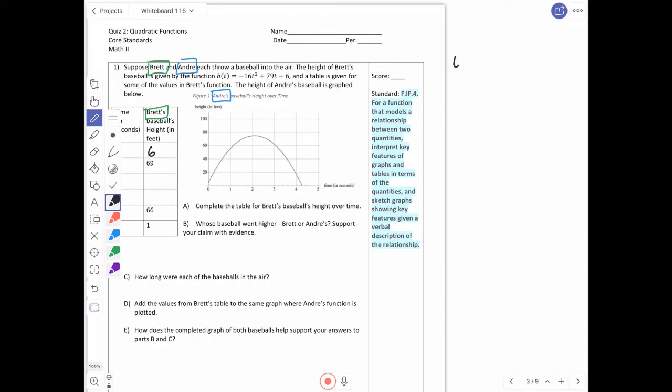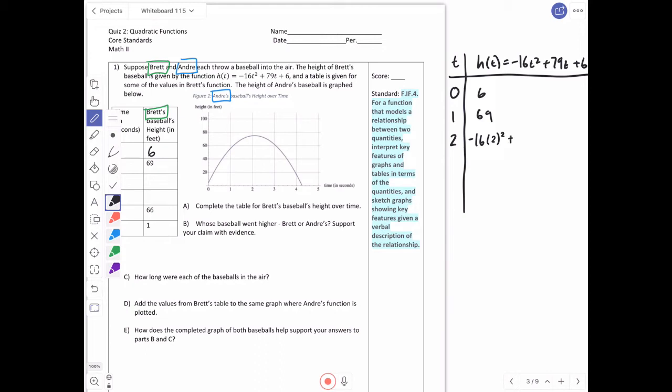This is t, h of t equal to negative 16t squared plus 79t plus 6. And we had 0, which we got 6. 1 gave us 69.